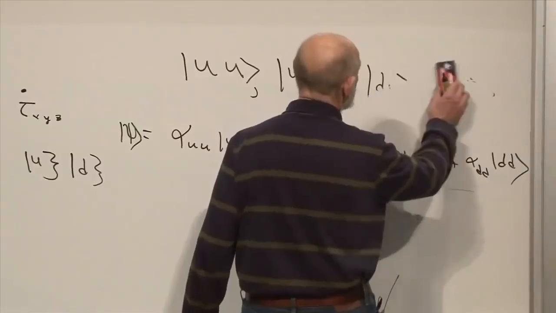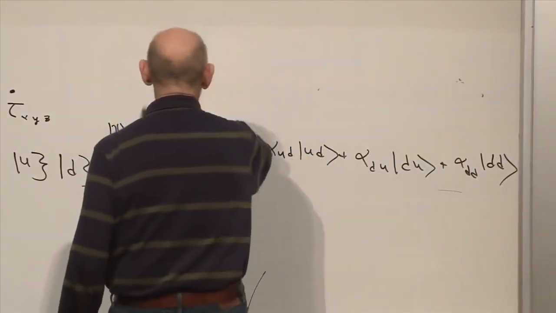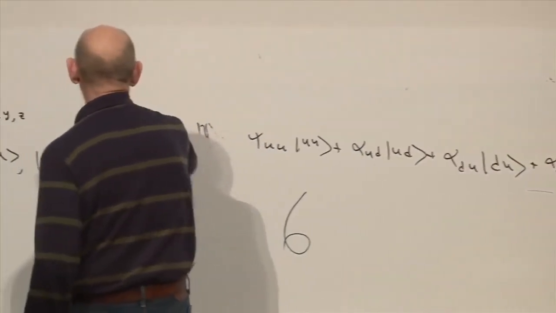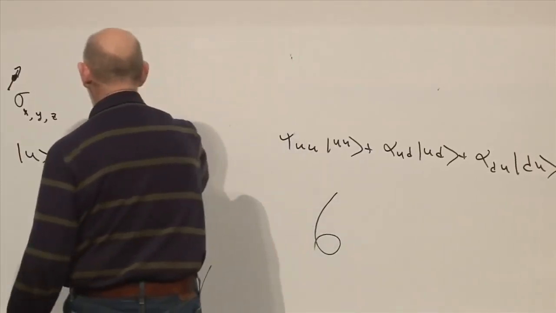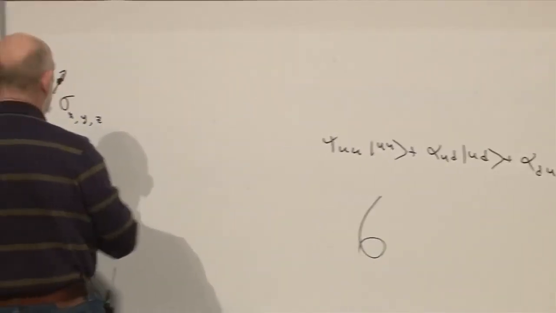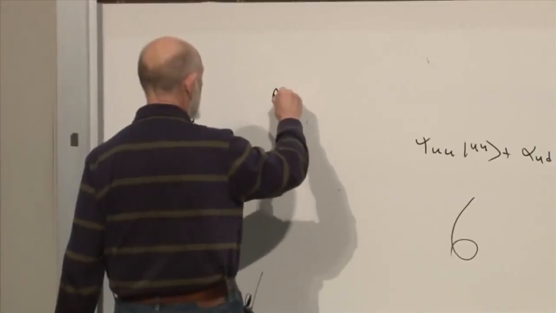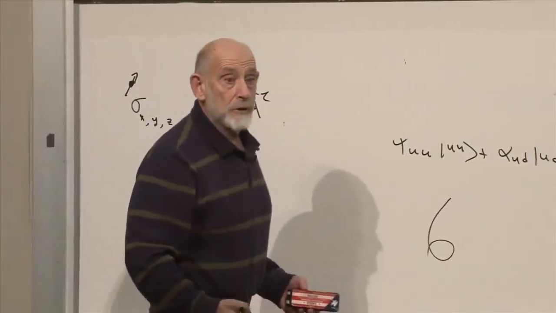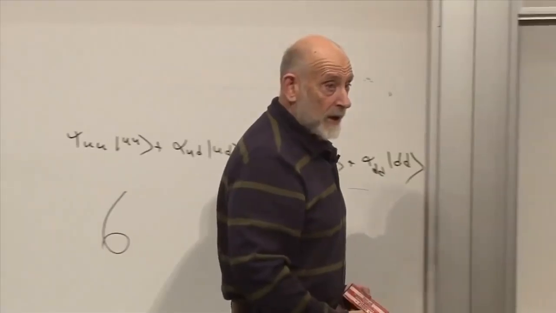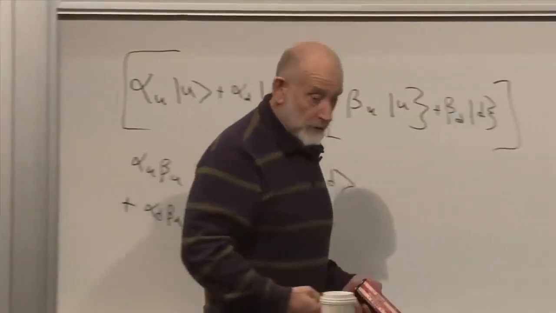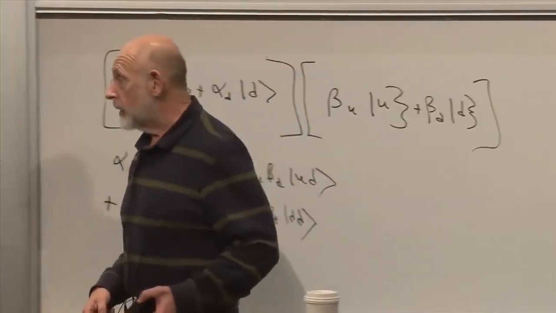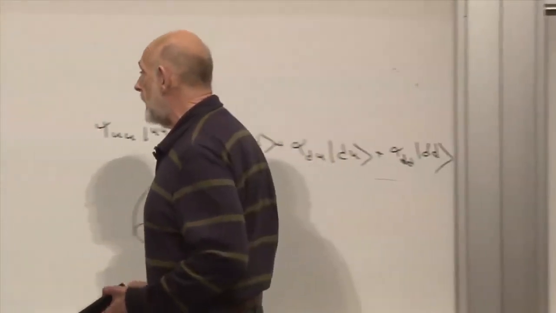Okay, now let's talk about observables. What are the observables for this composite system? Well, they must be the same observables as for the separate systems by themselves. In other words, sigma x, y, and z, and tau x, y, and z.